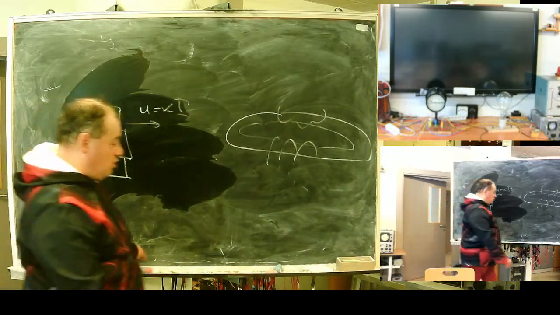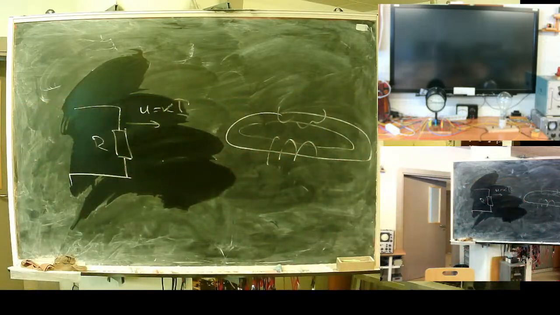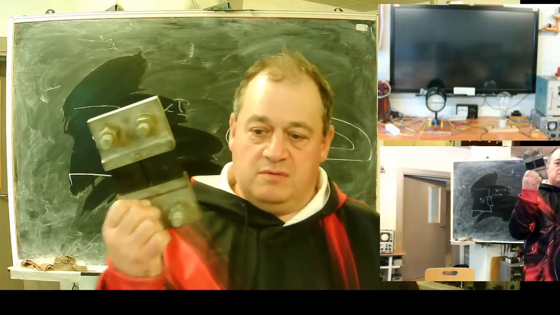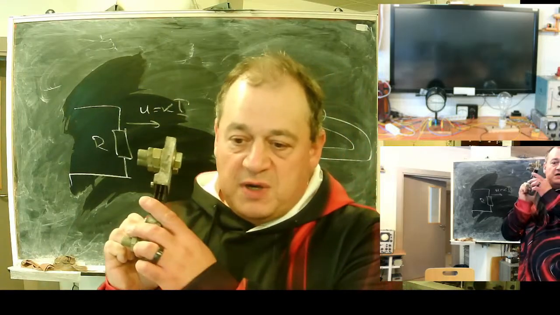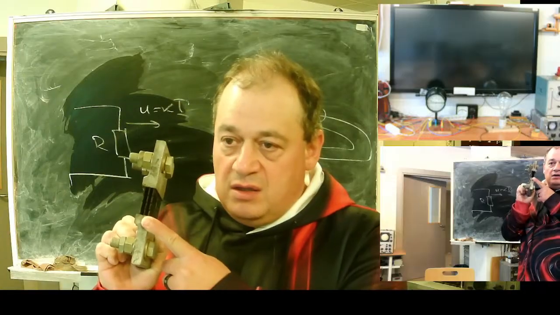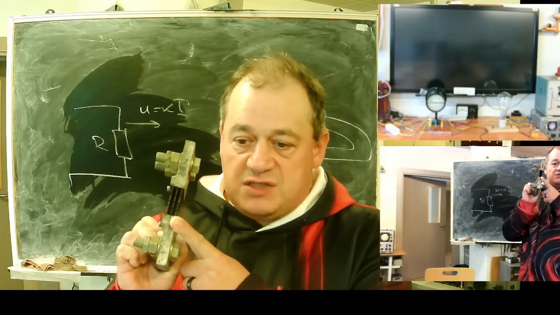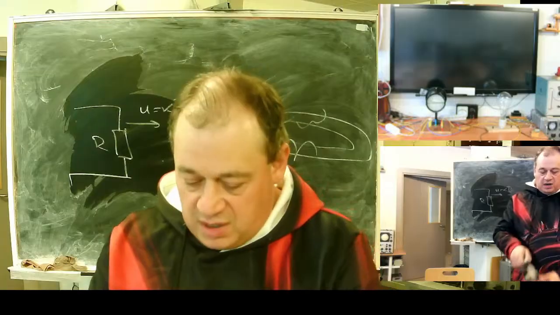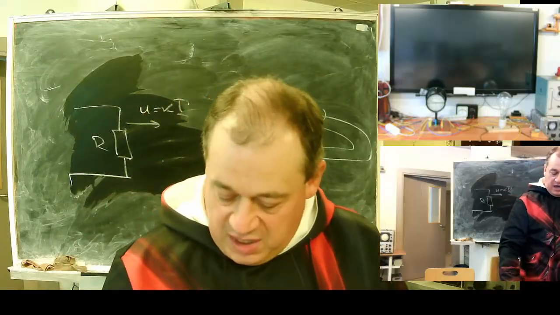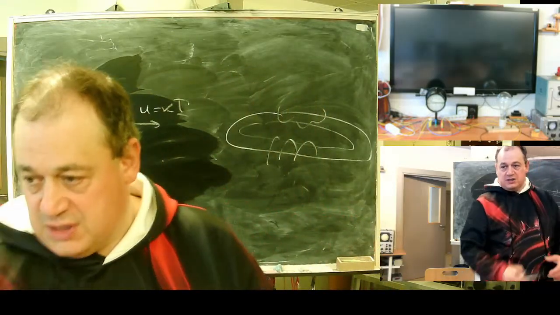Direct usage of a metering resistor, this one is for 1.5 kiloohms. It's precise, it's linear. No problem with leakage current. It's very good. Only one problem: how to insulate my electronics from high voltages.